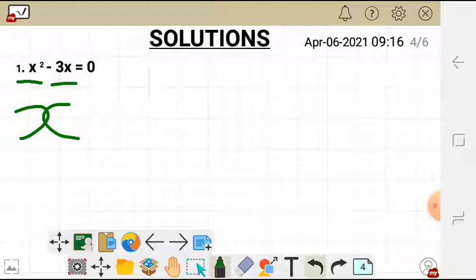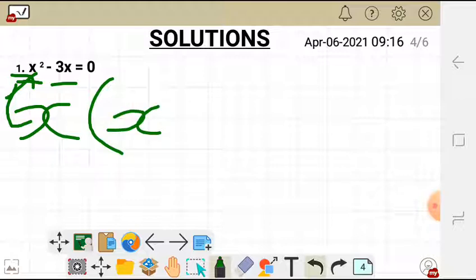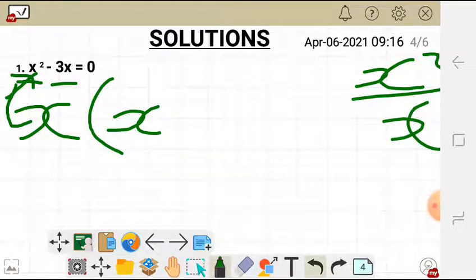After that, open a bracket and divide this x squared by that x. Remember, x squared divided by x leaves us with x. That's where this x here is coming from.